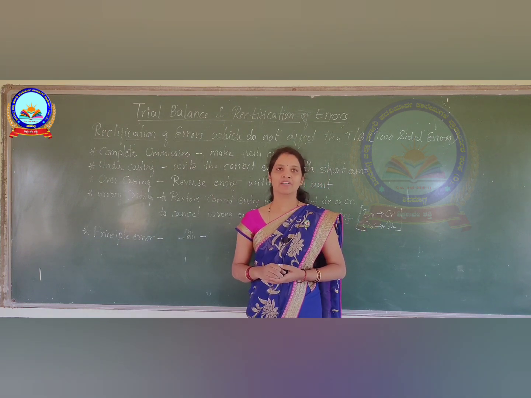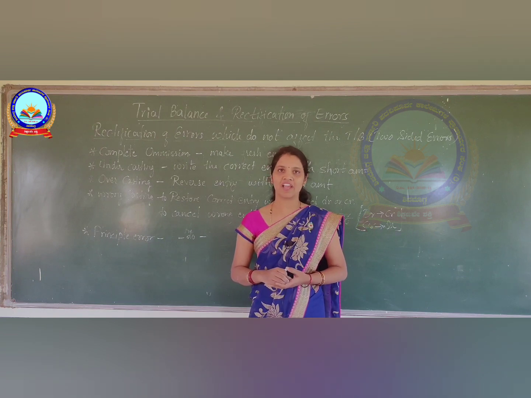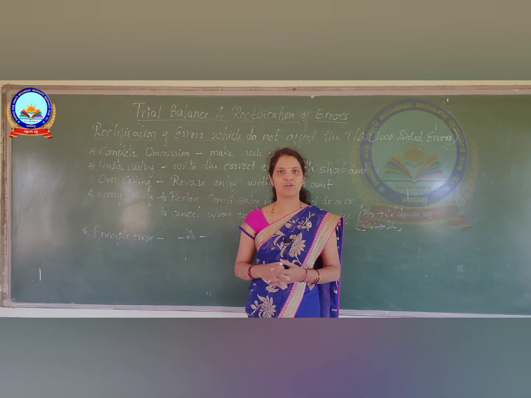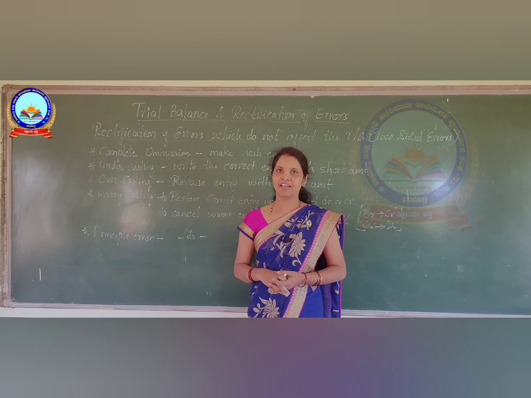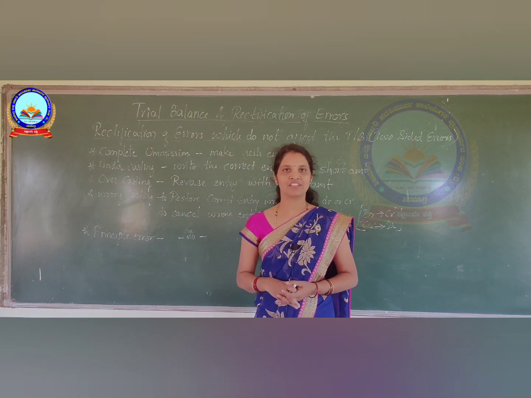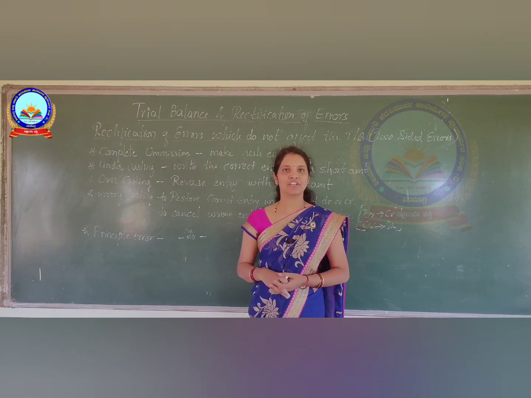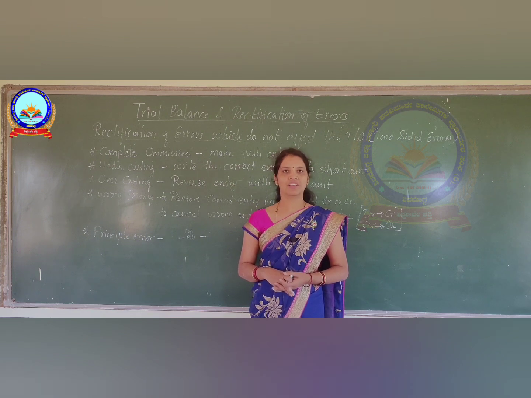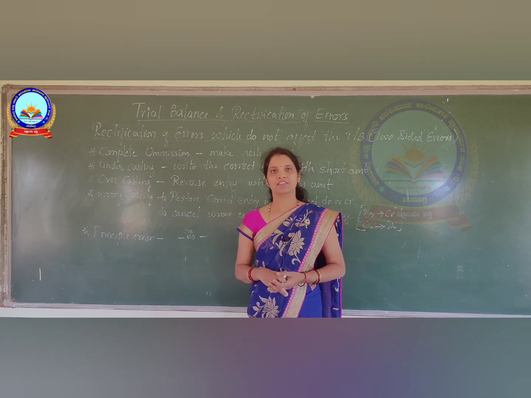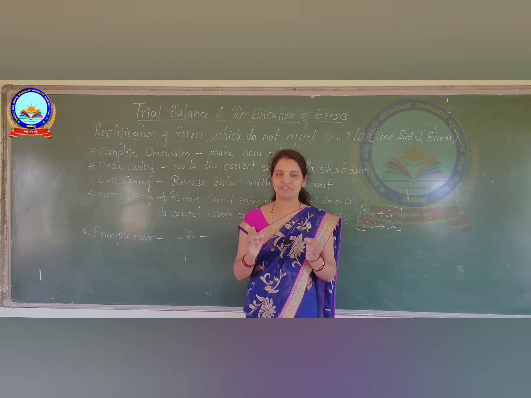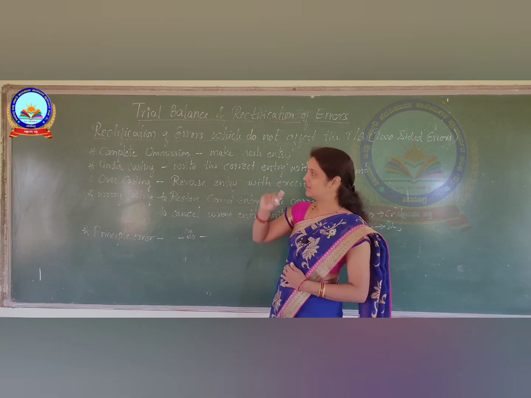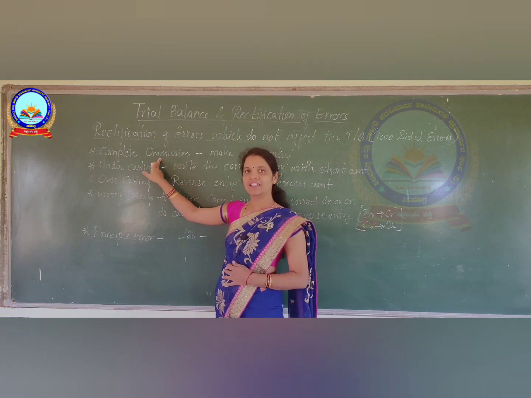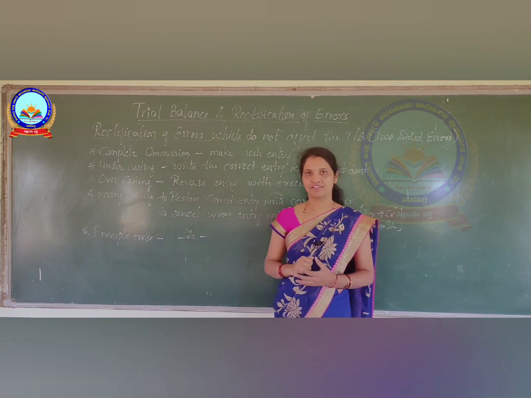If purchase of goods worth rupees 10,000 for cash is omitted to be recorded in the books, then write a fresh entry for this transaction as purchases account debit to cash account. This is about rectification of the error when there is complete omission.